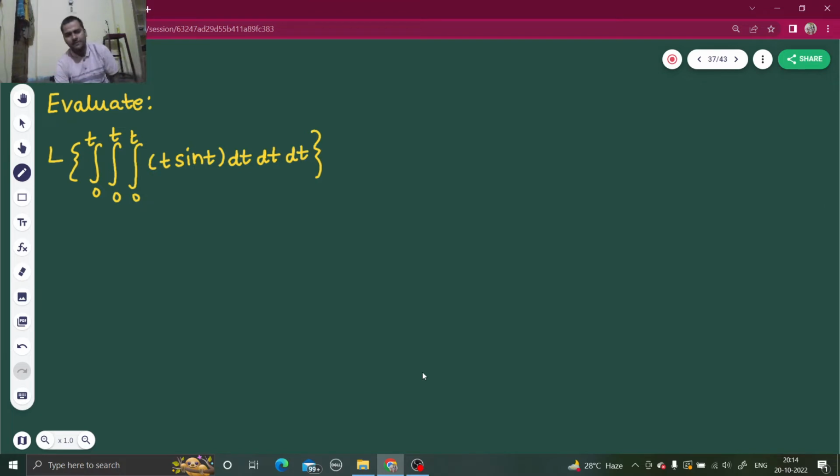While solving with Laplace transform, we'll start from the rightmost thing. First of all, I will need the Laplace transform of sine at, which you need for this question. If you don't know it, that is a divided by s square plus a square. I only need two more properties to go, and that's it.